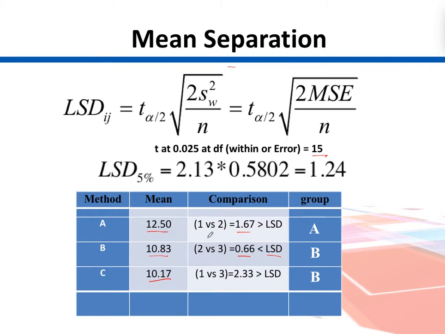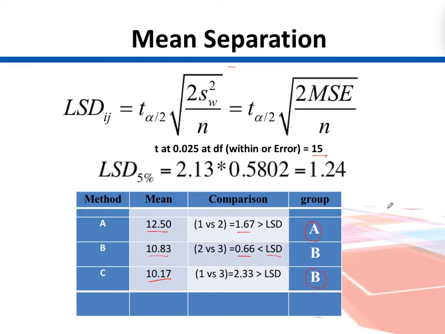Now again we compare 1 with 3, and we see it is 2.33, which is greater than LSD. But when we look into the letters, this got A and this got B, so already those letters are different. So we are fine with this present classification, and that's how we sorted them into different groups.